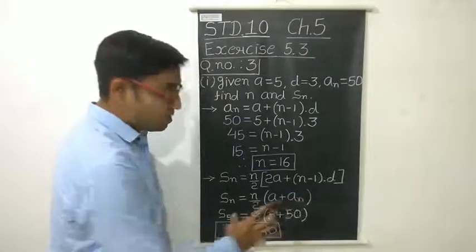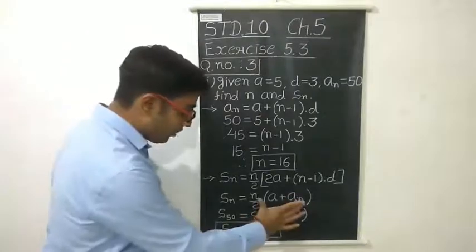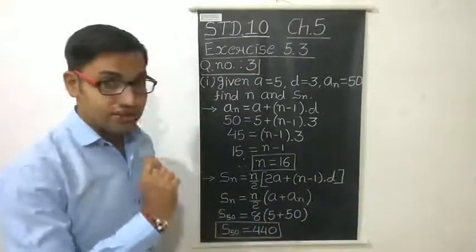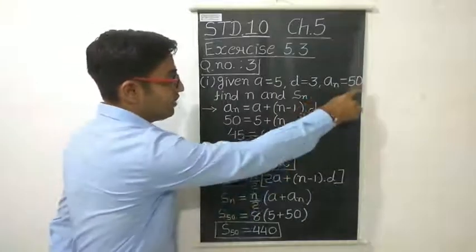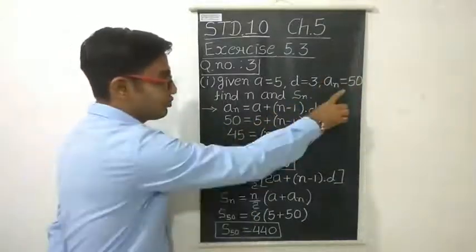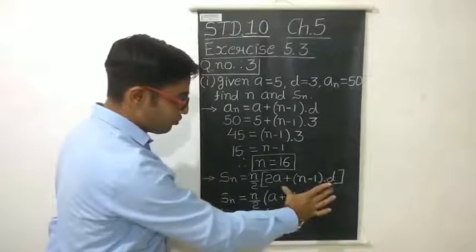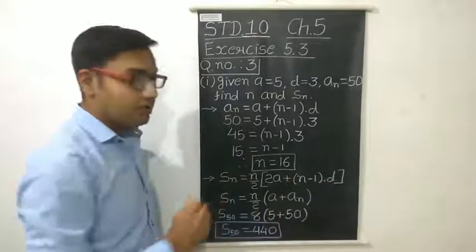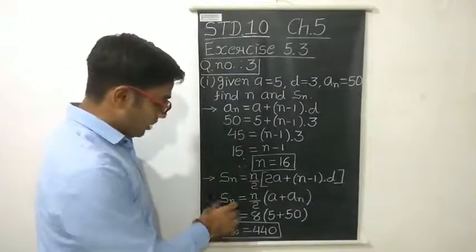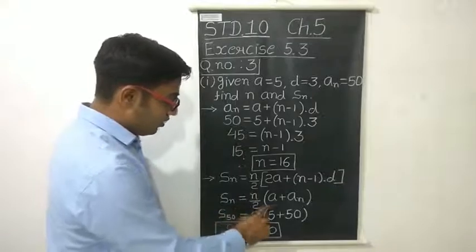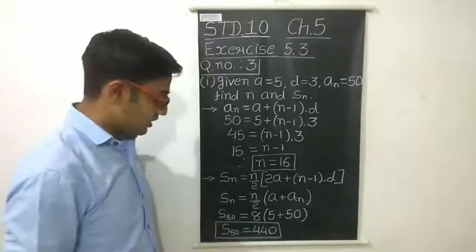We can also use the other formula when we know the first term and the last term. In this case we know the last term, which is 50, so we can use Sn = n by 2 (a + an).